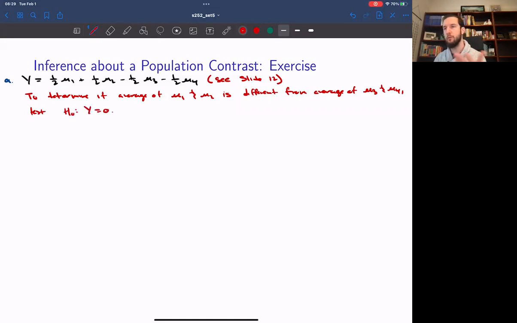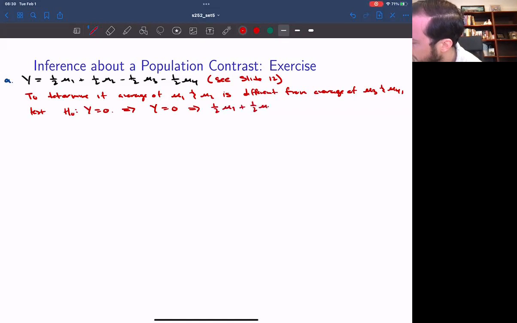All right, so let's think about that. Why are we able to do this? Well, if gamma equals 0, that means that 1/2 mu1 plus 1/2 mu2 minus 1/2 mu3 minus 1/2 mu4 equals 0, right?